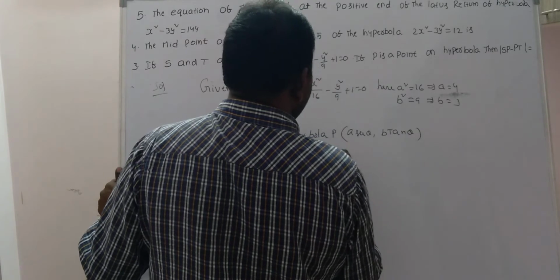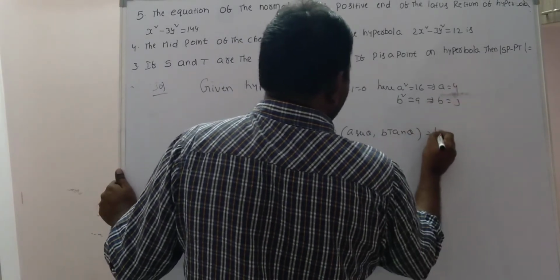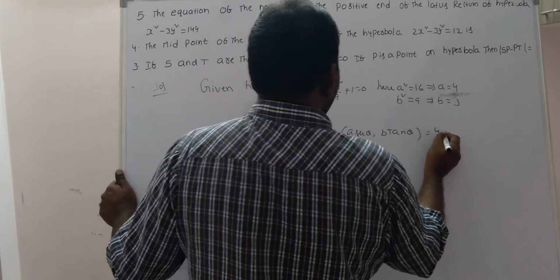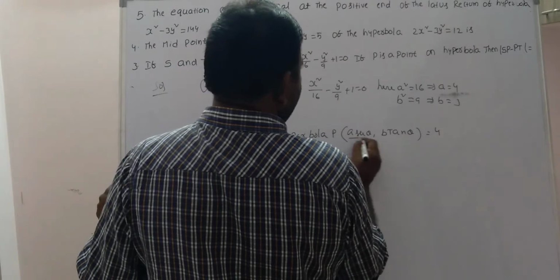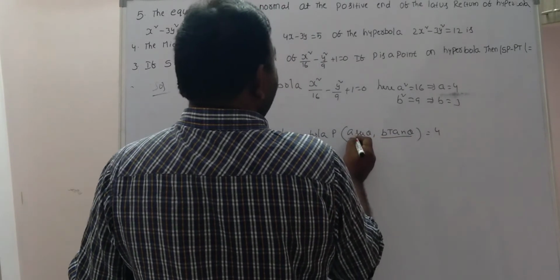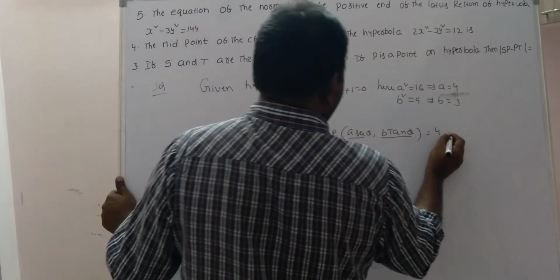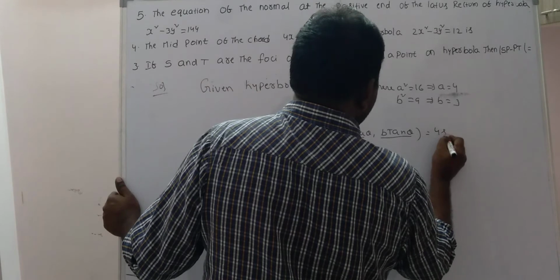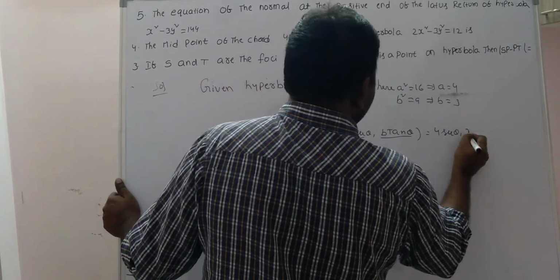So here a value 4, theta value we don't know, so leave it. So P is 4 secant theta, comma, b value 3 tan theta.